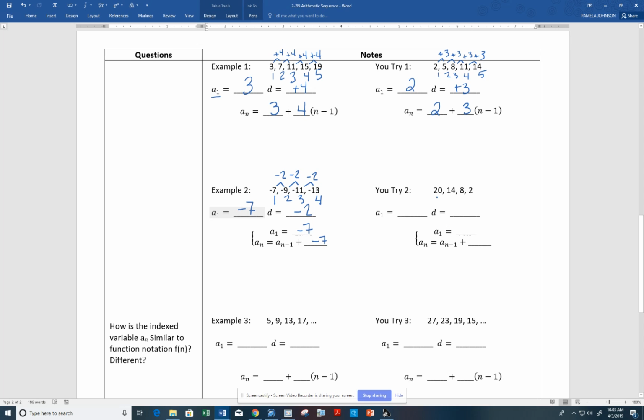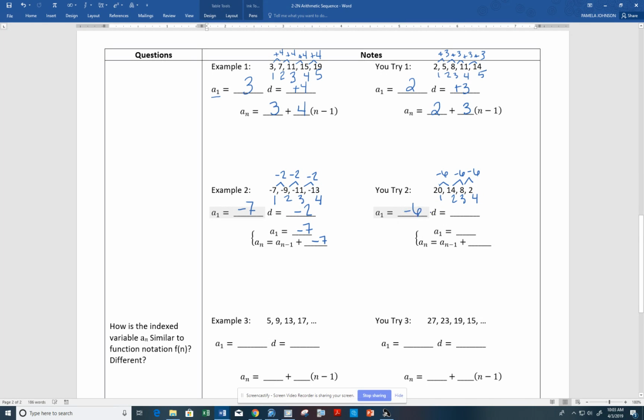All right. So you should have unpaused the video by now. You should have tried this yourself. 1, 2, 3, 4. Those are our term numbers. From 20 to 14, it went -6. We added another -6 to get to 8. Another -6 to get to 2.